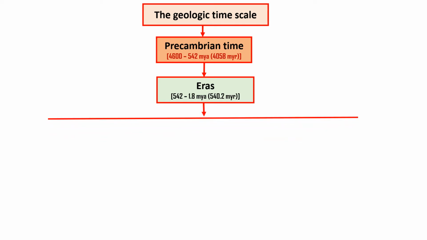Eras are divided into mainly three. Paleozoic era starts from 542 million years ago to 251 million years ago. Its time duration is around 291 million years.